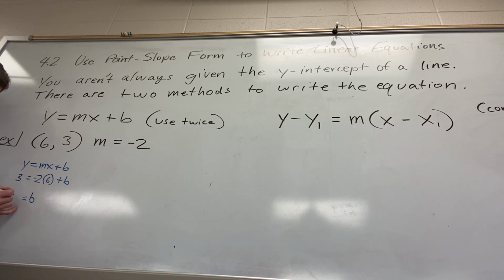I think b is equal to 15. Oh, I forgot to do the b. You guys okay with that? So now I have my b, I have my m. What's my equation in slope-intercept form? y equals negative 2x plus 15. So that's one way to do this problem.